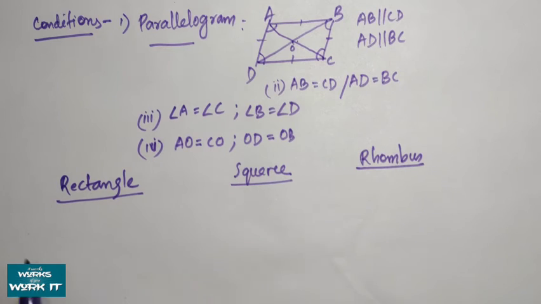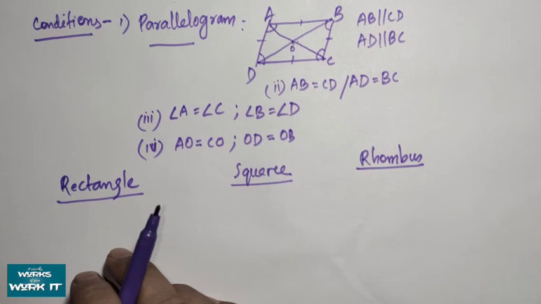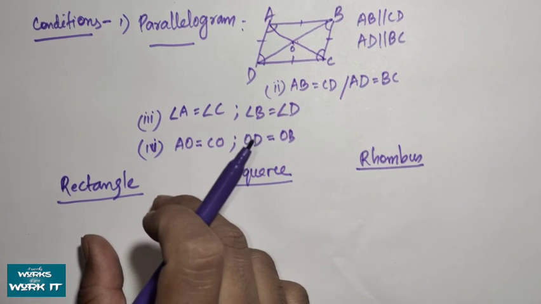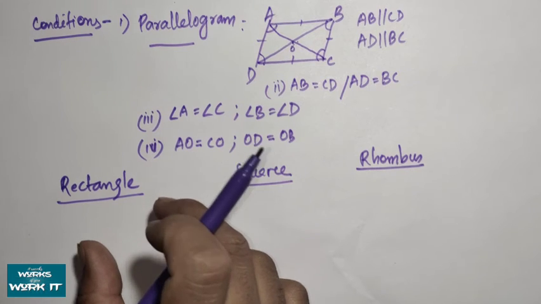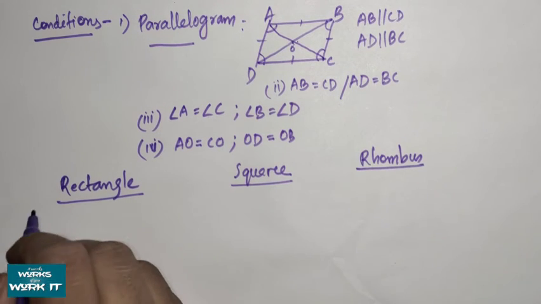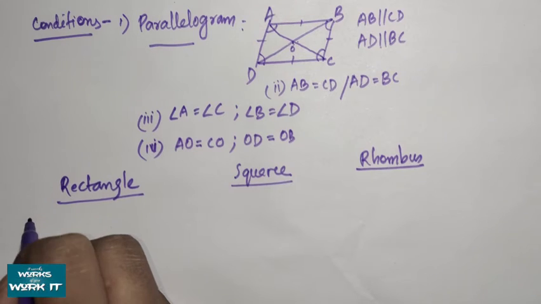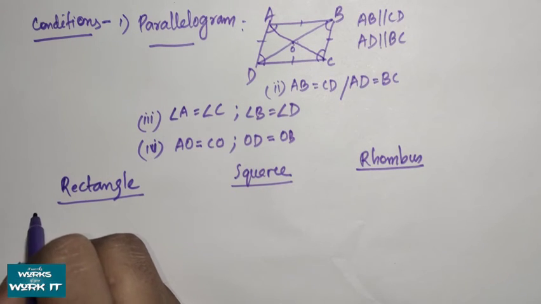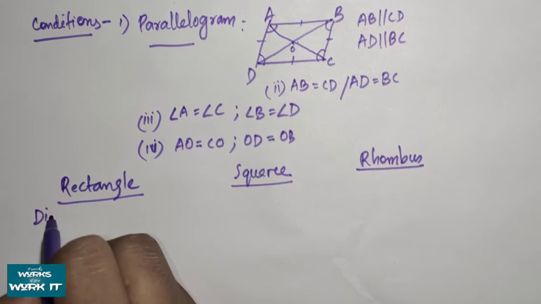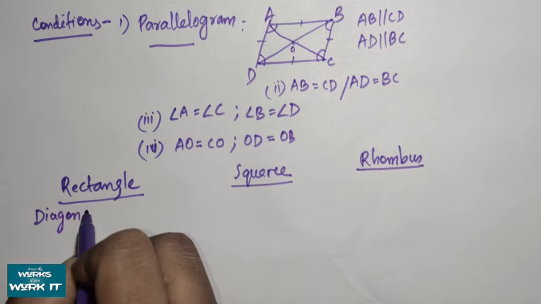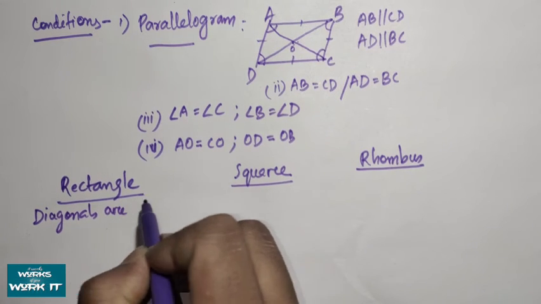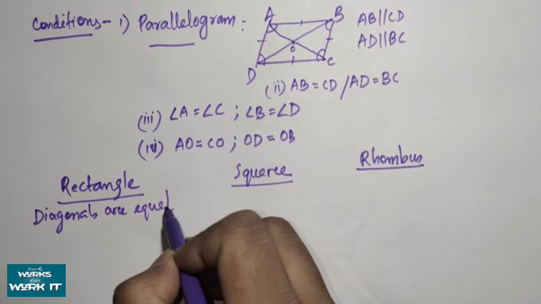Now we will see how the diagonals make changes in rectangle, square and rhombus. So if a diagonal is drawn in the rectangle, what can it have? In a rectangle, diagonals are equal. These are the conditions in a rectangle.